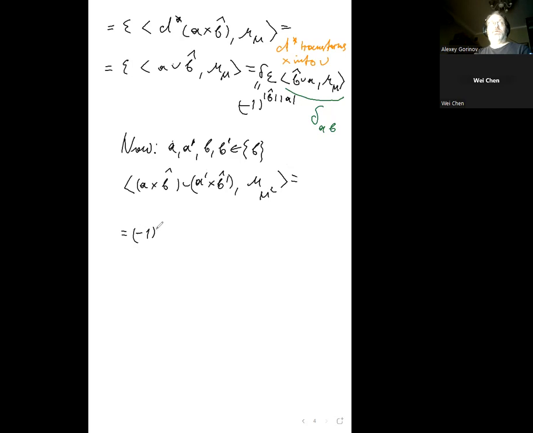And the result is -1 to the B roof times A prime, A prime B roof, B roof prime, mu m squared.